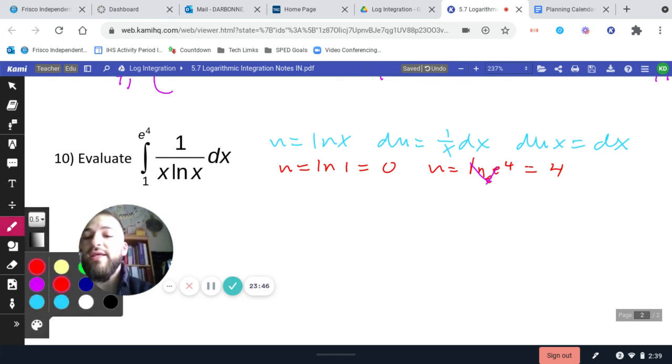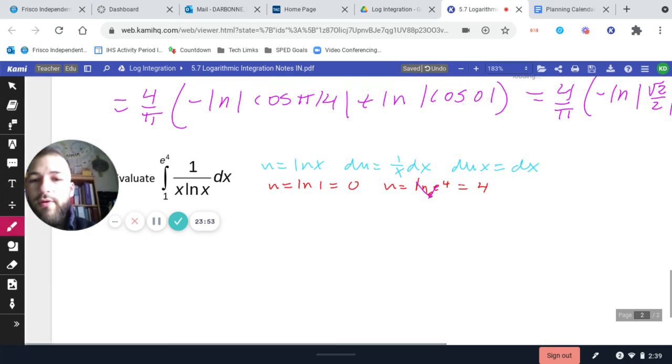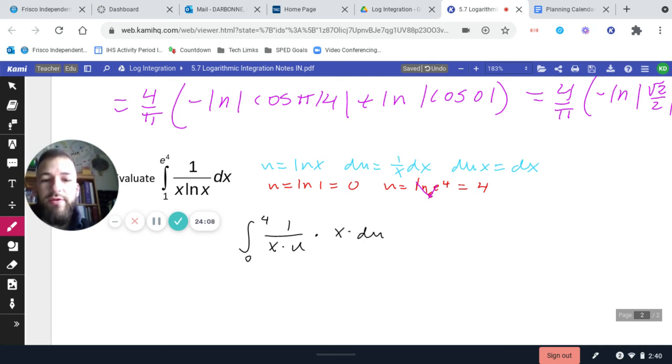So plugging this into my integral, we get the integral from 0 to 4 of 1 over x times u times x times du.